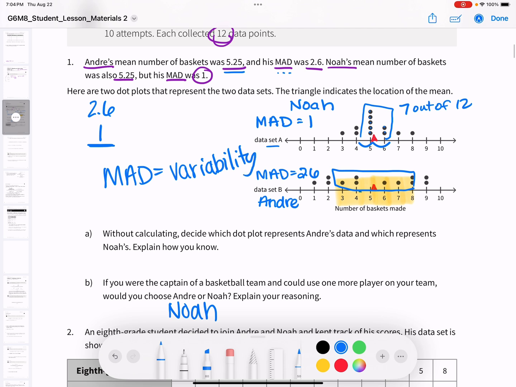And the variability is the spread, how spread out those data points are, right? Andre has a variability of making only one shot or making 9, whereas Noah has a spread that's smaller. He goes from 3 to 8. So Noah is more consistent. So I would choose Noah over Andre.